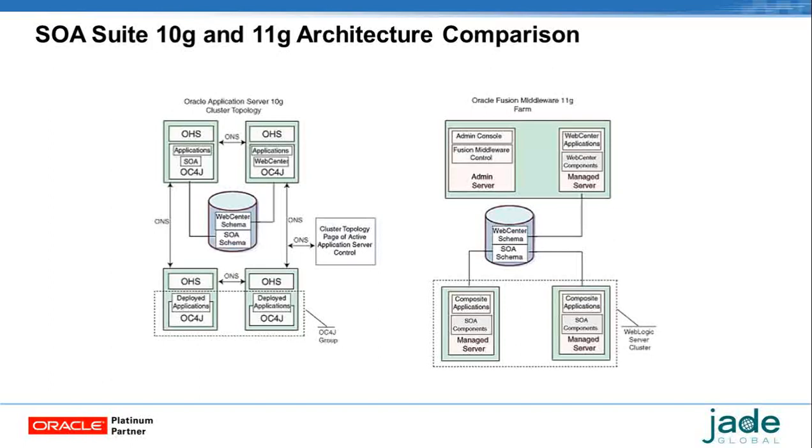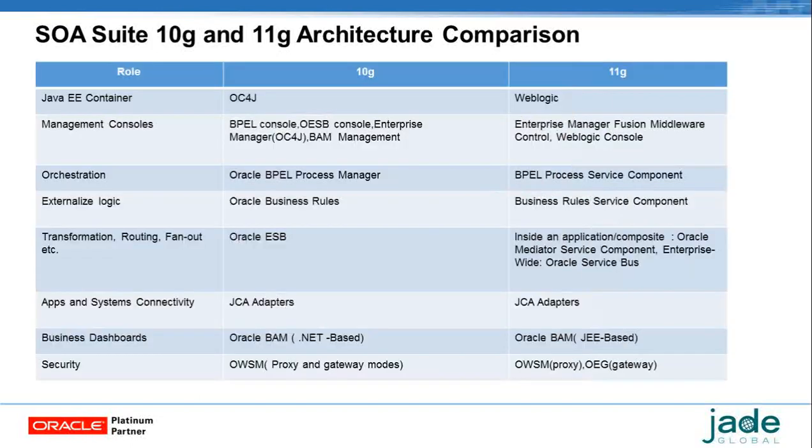There is a detailed table coming up in the next slide, which talks about the main things that are changing. If you see the Java EE container, like I mentioned, OC4J is getting changed into WebLogic. And in the management console area, we have the BPEL console, service bus console, Enterprise Manager, and BAM management console.